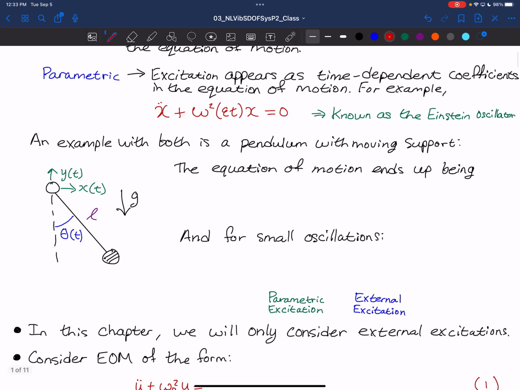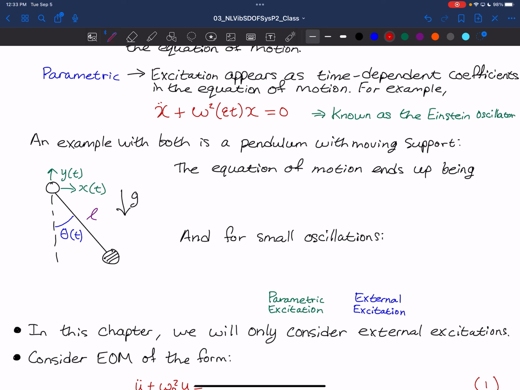A very simple physical example of a system with parametric resonance or excitation is a pendulum with a moving base. In this case, the base is moving both in terms of displacement of x and displacement of y, in both the vertical and horizontal directions.